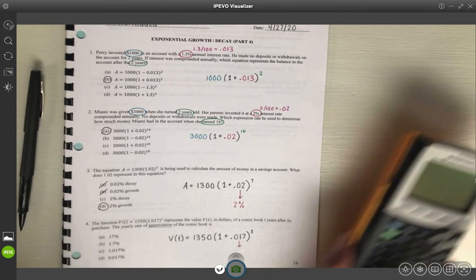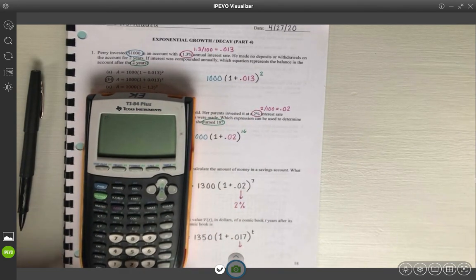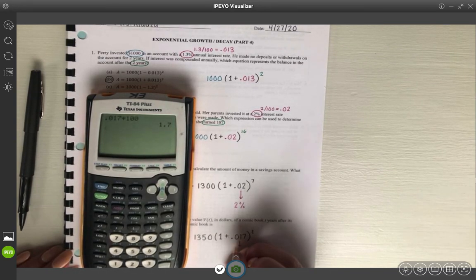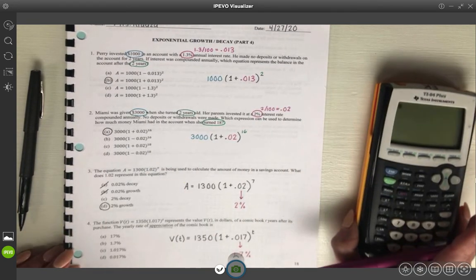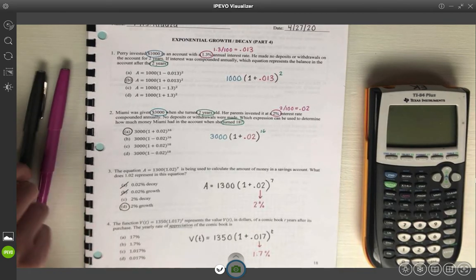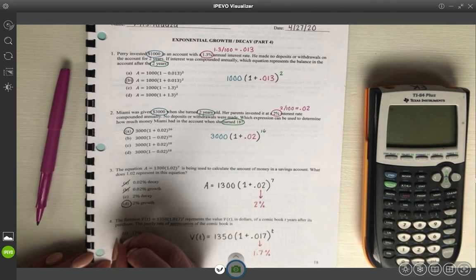So get your calculators and type 0.017, and instead of dividing by 100, we're going to multiply by 100. That is 1.7%. So the answer is choice B.